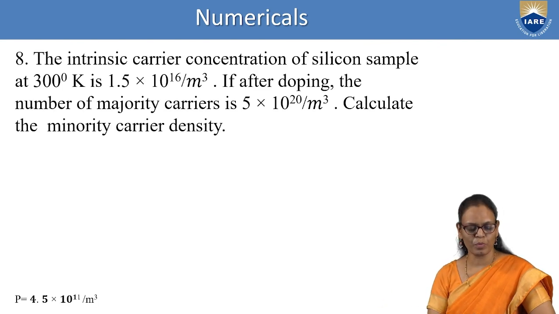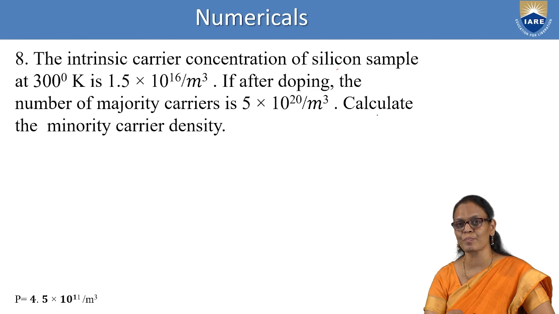Now one more. The intrinsic carrier concentration of the silicon sample at 300 Kelvin is 1.5 into 10 power 16 per meter cube. If after doping, the number of majority carriers is 5 into 10 power 20 per meter cube, calculate the minority carrier density.